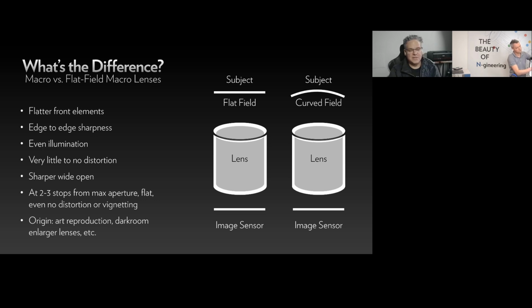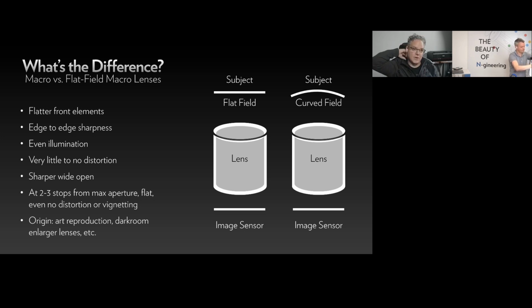And these lenses came from making art reproduction and also darkroom and larger lenses. So what do those subjects have in common? Well, both of them are flat. Most paintings are flat. We're not talking about sculpture here, right? Most paintings and photographs and drawings are flat. And also, negatives are flat.